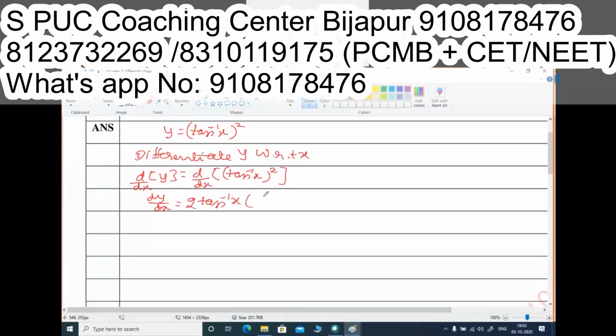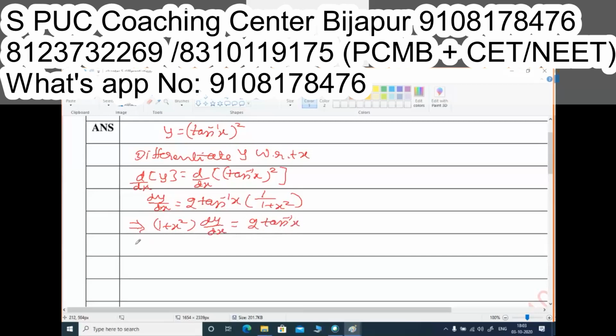Yes, 1 divided by 1 plus x square, or in some books they write x square plus 1, no problem. Okay, what we have to do, this denominator term is there, no? You do the cross multiplication on this side. It implies 1 plus x square into dy by dx equals 2 times tan inverse x.